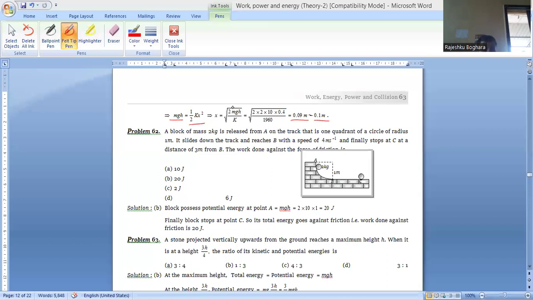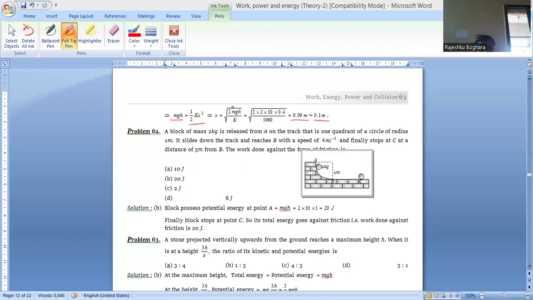The relation between different units: 1 watt equals 1 joule per second, equals 10⁷ erg per second. 1 HP equals 746 watt. We have to remember this. 1 megawatt equals 10⁶ watt, 1 kilowatt equals 10³ watt.